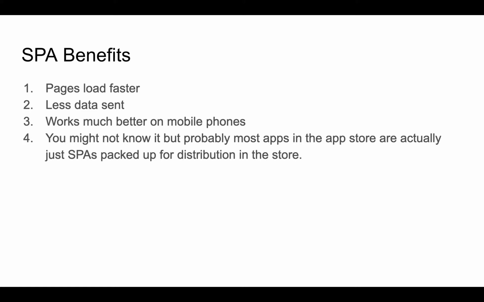They use a technology like PhoneGap or Ionic, or there's a few different technologies that allow this to happen. They basically put a shell around the SPA, the HTML, CSS, and JavaScript app. And then that shell allows them to put it into an app store and be installed on your phone as an app.